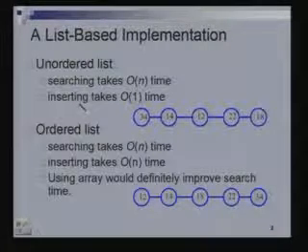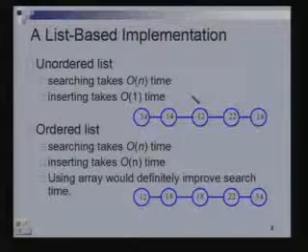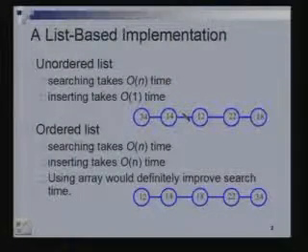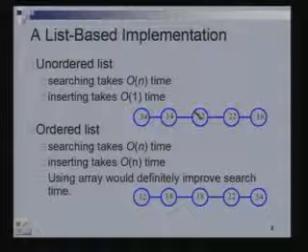And deletion, how much time will deletion take here? Order n, because first we have to search for the element that we are trying to delete. How much time would successor take here? Order n, not order 1, because suppose I say what is the successor of 12 in this dictionary.